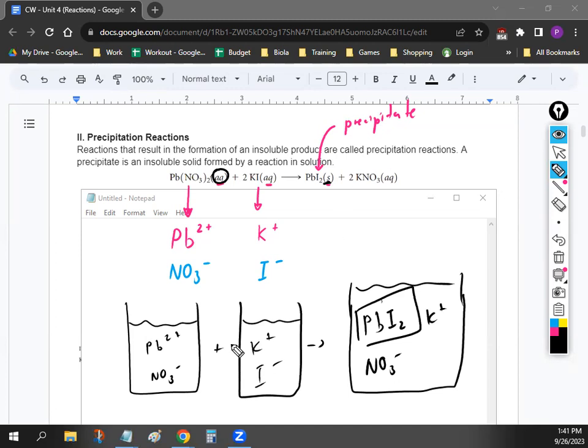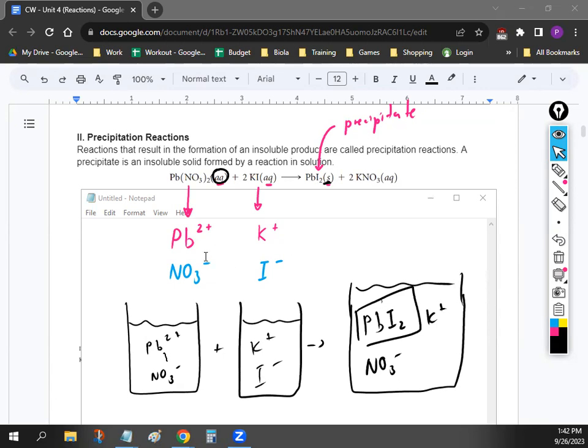So Pb, when it was just with nitrate, didn't want anything to do with it. But when Pb was able to hit up iodide, they were able to get together and become a precipitate. It's because they mix together.